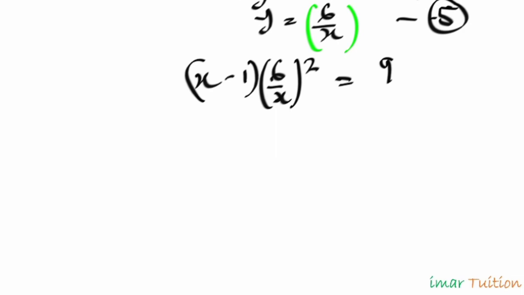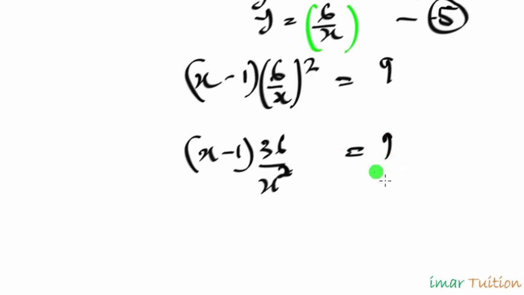You have (x - 1), 6 squared is 36, divided by x squared, to be equal to 9.